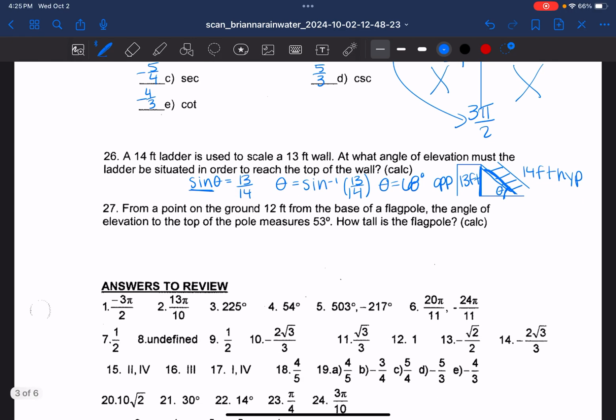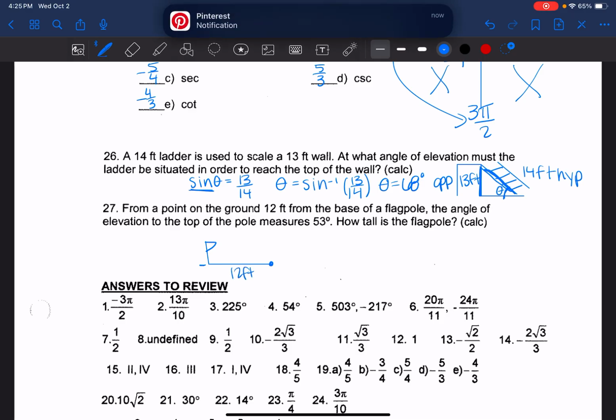Number 27 says from a point on the ground 12 feet from the base of a flagpole. Okay, so here's the point on the ground 12 feet from our flagpole. The angle of elevation is said to be 53 degrees, so my angle here is 53 degrees.